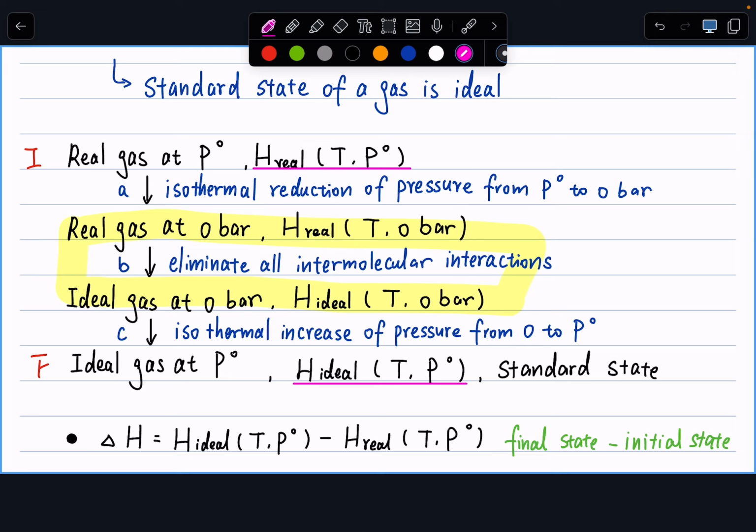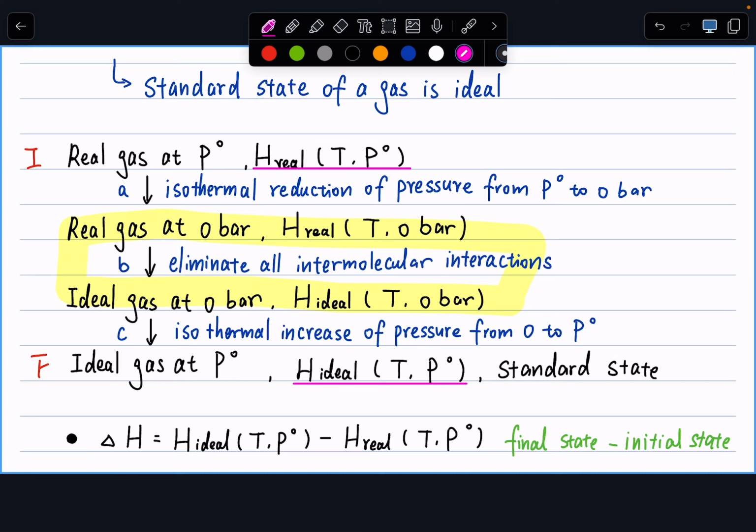First step, because delta H is a state function, we can write delta H for this process to be H ideal at T, P naught minus H real at T, P naught. So this is what we want, right?